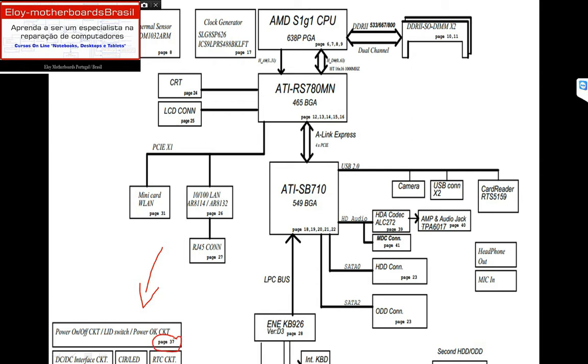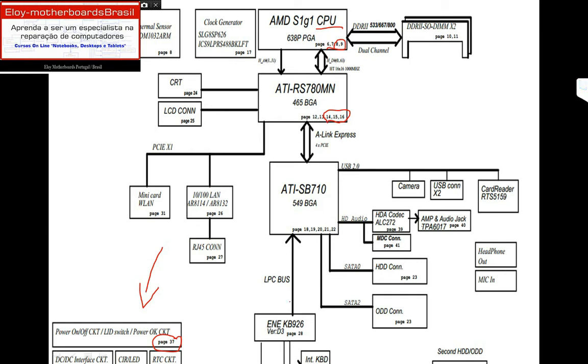In all schematics the last pages are always concerned with power supplies. Like here, this CPU has pages 6, 7, 8 and 9, and pages 8 and 9 are power supplies. For the GMCH we have pages 12 to 16, and pages 14, 15 and 16 are power supplies.